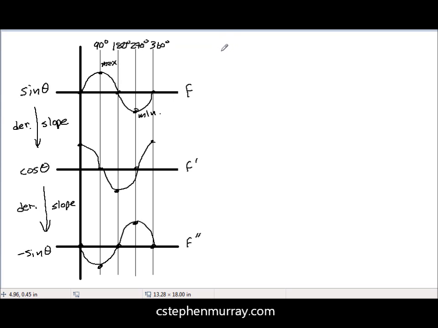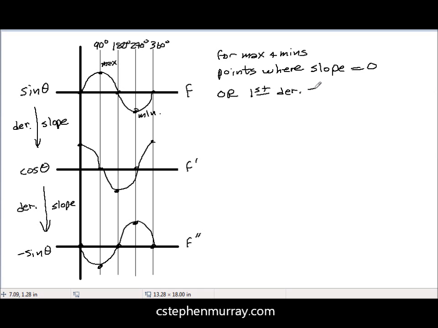So for maximums and mins, these are points where slope equals 0, or the first derivative equals 0. Notice the first derivative here is 0.